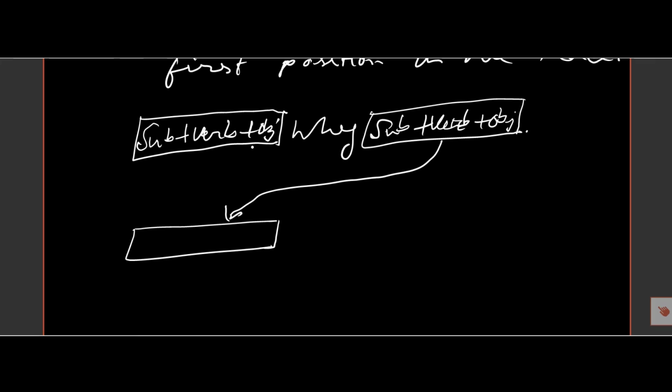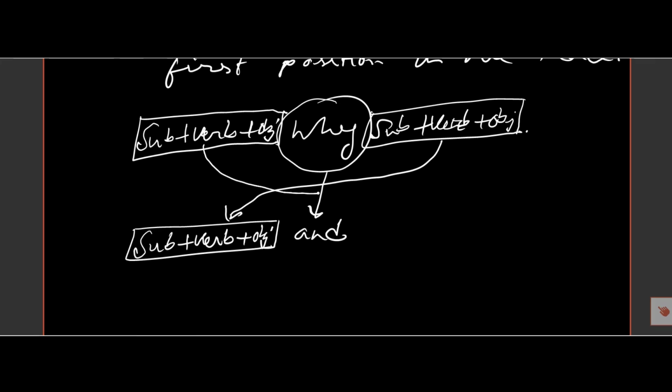If we transform it into compound, this part has subject, verb, object, and removing y, instead of y we must put "and" here. Then the part before y we will use here, and the part has subject, verb, object.